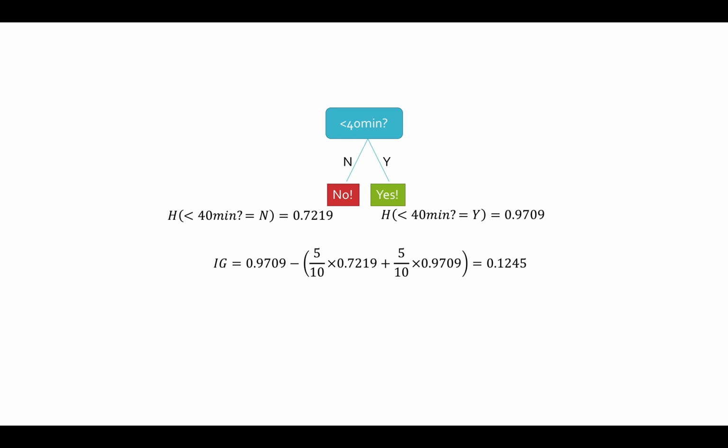The entropy for the entire set is 0.97. And so we're going to subtract the proportion of samples on the left side times the entropy of the left side and the proportion of the samples on the right side times the entropy on the right side. Remember, there's 5 samples on the left side and 5 samples on the right side, and there were a total of 10 samples. Our information gain with this split is 0.12.